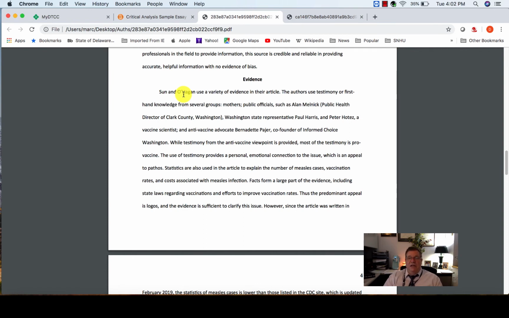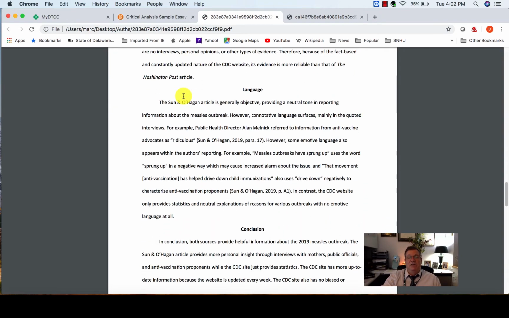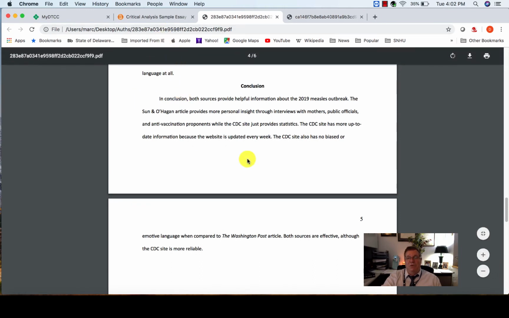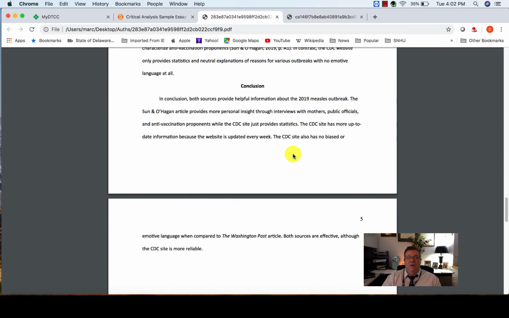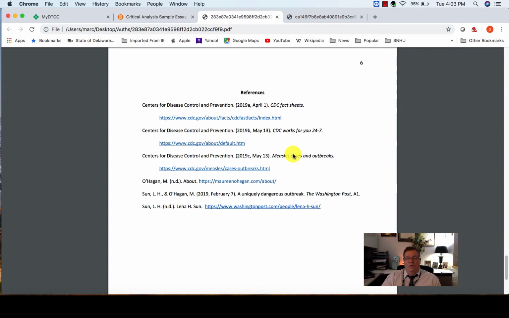So you can look at the sample here, but I would really concentrate on the evidence section and the language section, because those are one paragraph each. Finally, you do have to have a conclusion, and that is part of the rubric to have a good conclusion. And then you have your references page at the end.